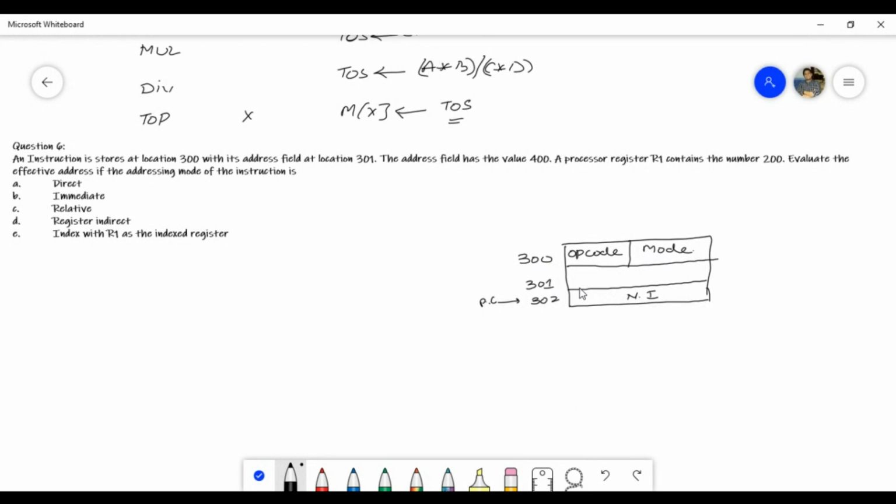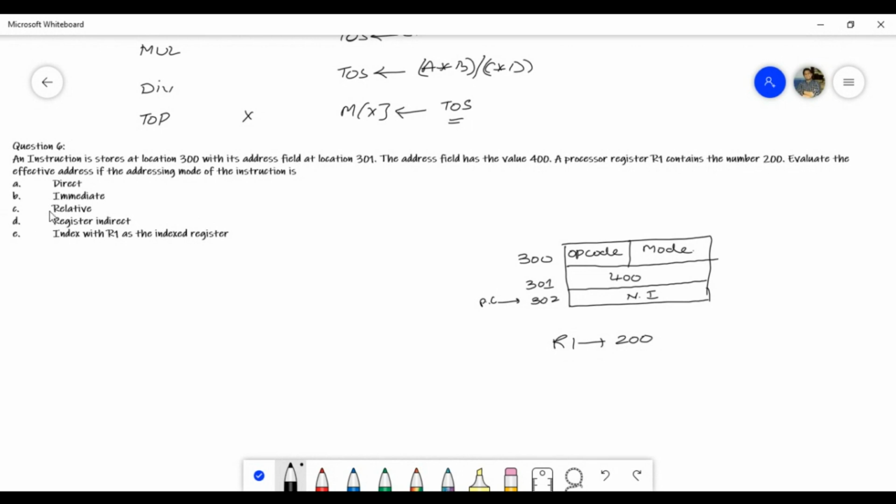What is at 301? The address has the value 400. And the processor register R1 contains the number 200.